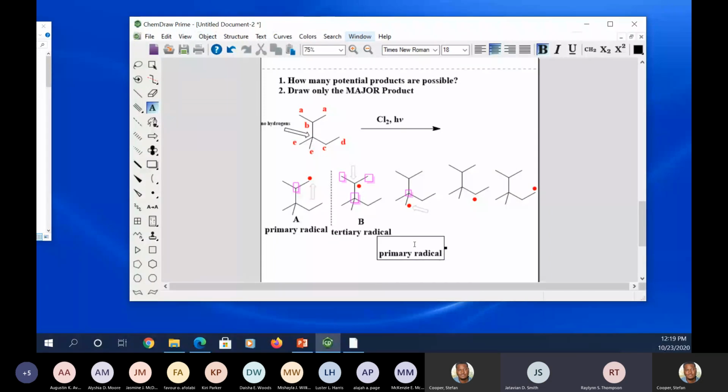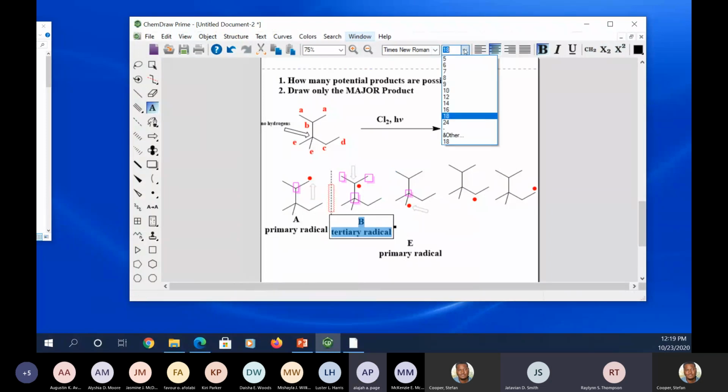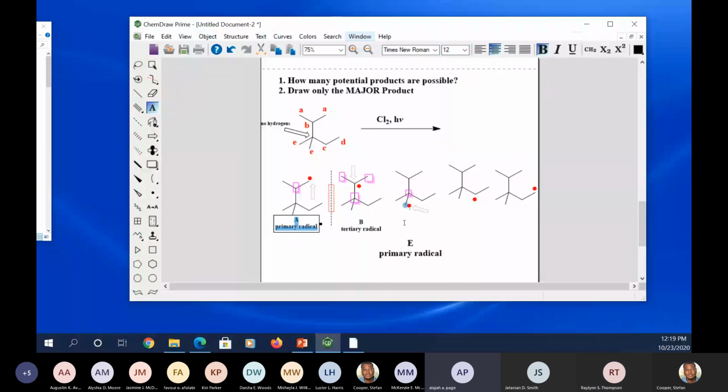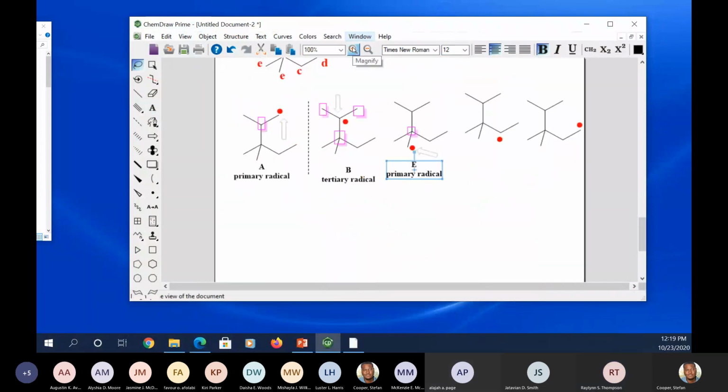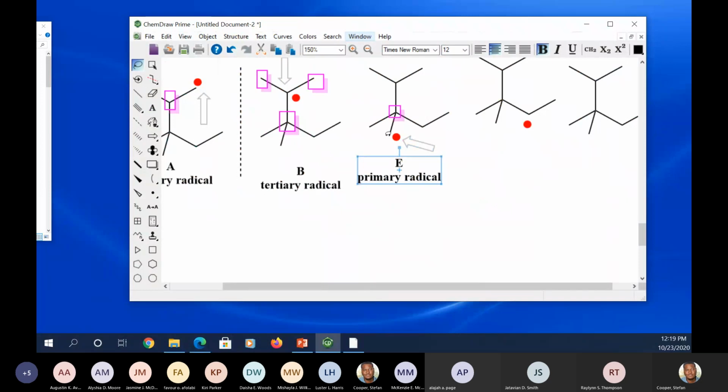I was wondering what we consider here because of being branched out. So we don't count the 2 on the side. So we're looking at this carbon right here, right?